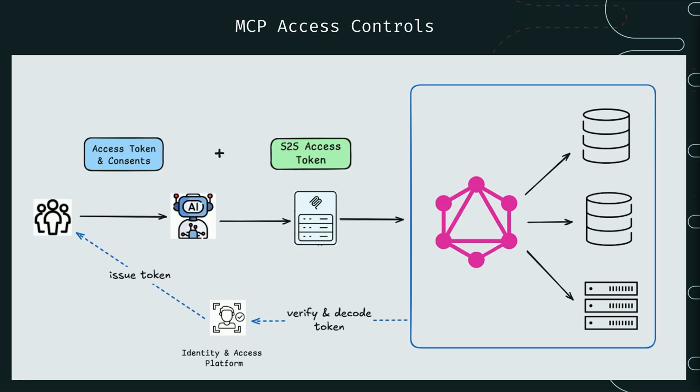Looking at this high-level architecture, we have two things to share. One is the consent aspect, a consent scope that we added to the access token, which simply represents consent from users to allow some actions to be taken by the AI agentic applications.